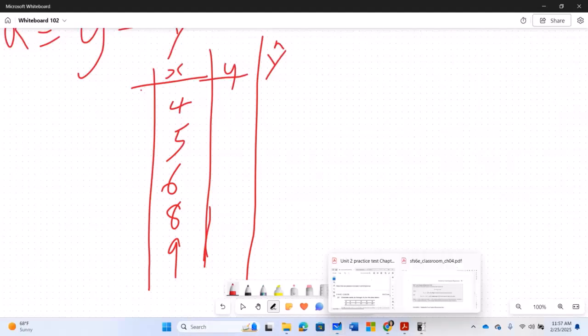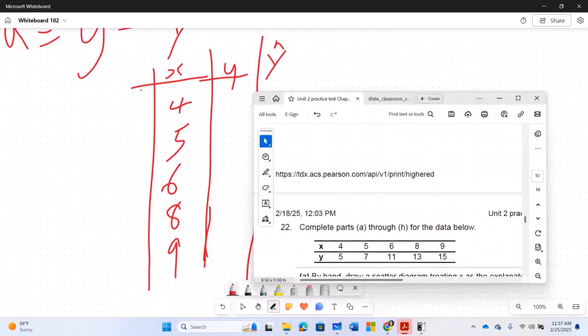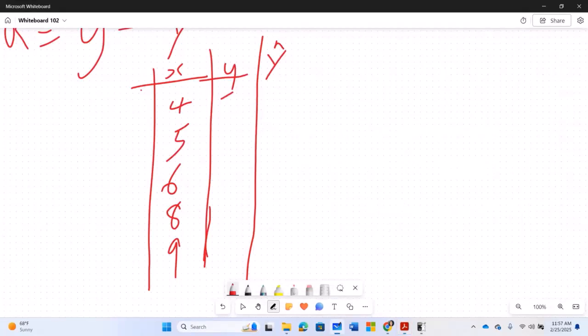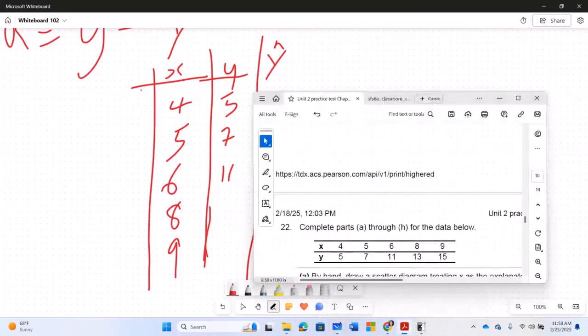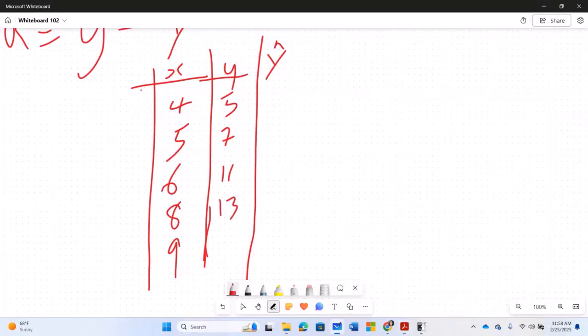So let's get the values of y. The values of y are 5, 7, 11, 13, 15.